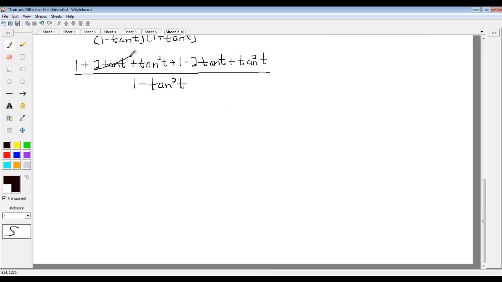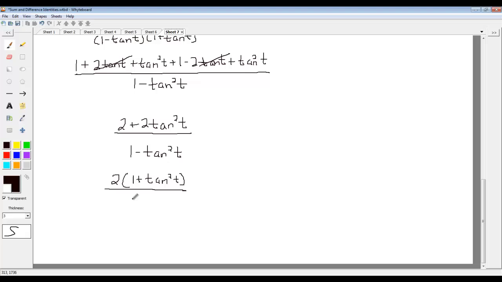Okay, 2 tan t and minus 2 tan t are gone. So I got 2 plus 2 tan squared t up in the numerator, and I got 1 minus tan squared t in the denominator. Up top I can factor out a 2. Don't really have anything I can factor in the denominator.